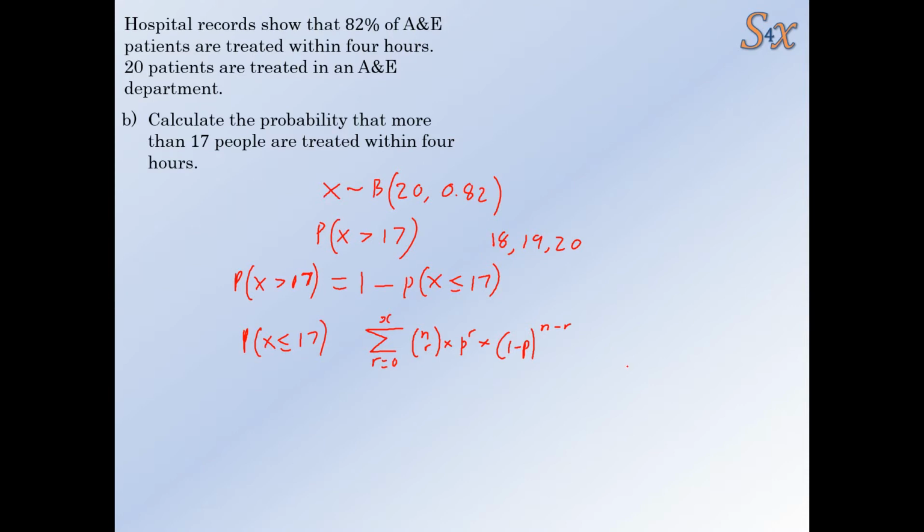And remember, we've got n is 20, p is 0.82, and our x is 17 in this case.